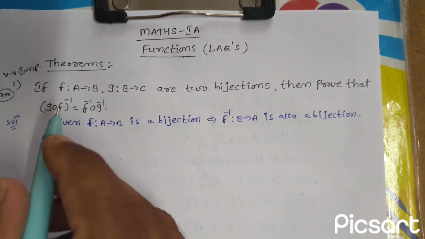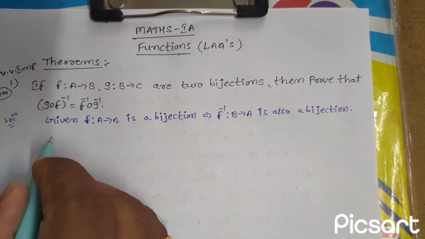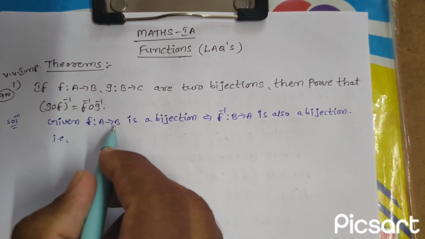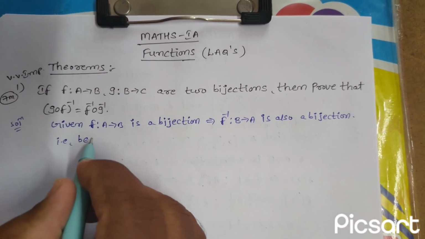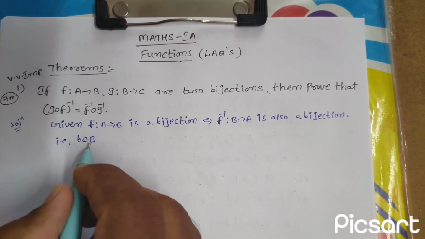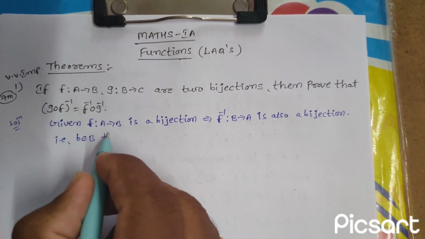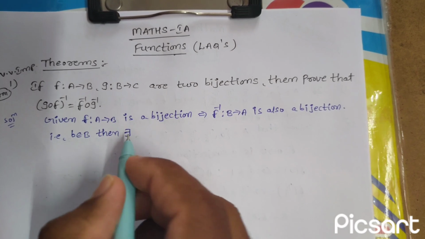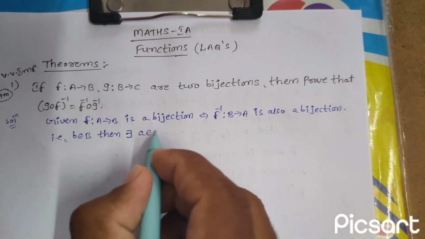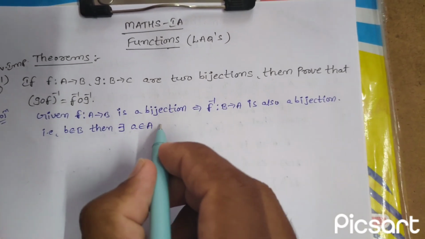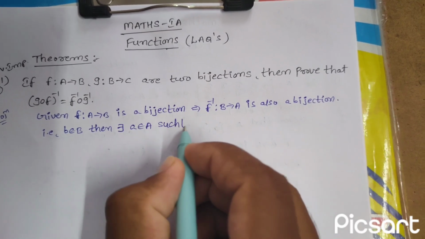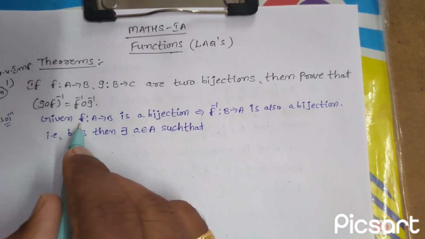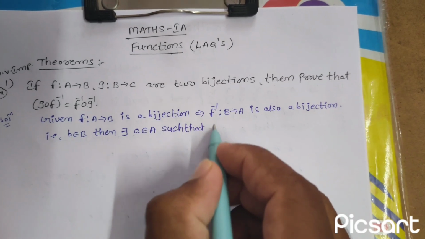According to the definition of onto, in this codomain, now take one element, small b belongs to capital B. Then there exists a belongs to capital A such that f of a is equal to b.